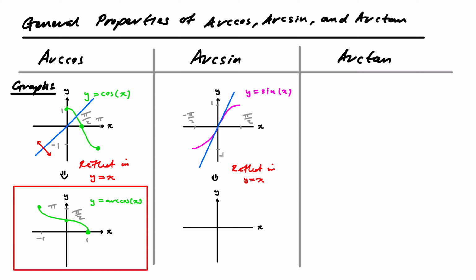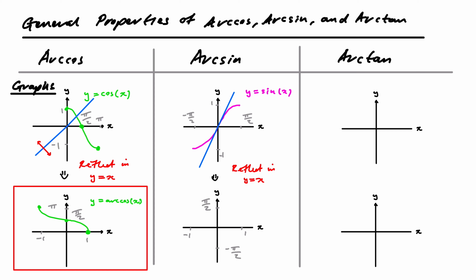So in fact, I'm going to put these over here before I have to redo this. Okay, so what have I got to do? I've got to reflect in that line. This one is quite straightforward, I think. It's going to look like the following. So again, the x and the y axis are flipped when you reflect. And what you're going to get is 1 here, minus 1 here, minus pi over 2, pi over 2.